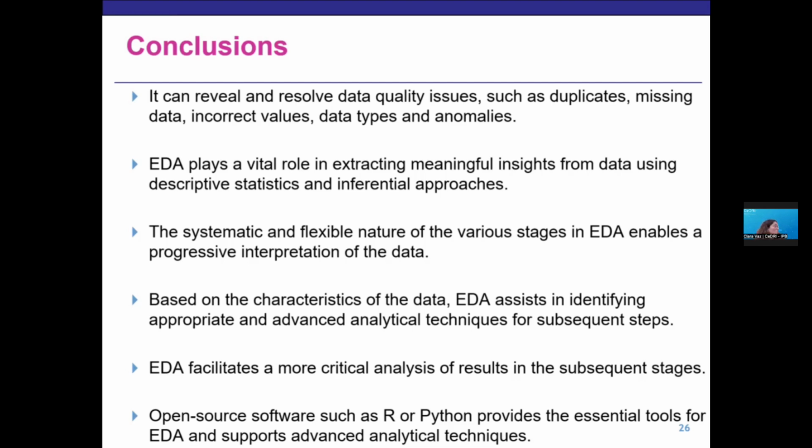These insights are also very important to support critical analysis in subsequent stages of analyzing and applying more advanced analytical methods.